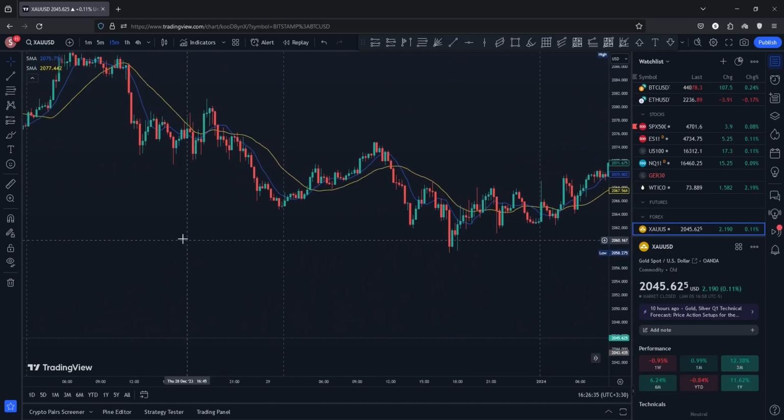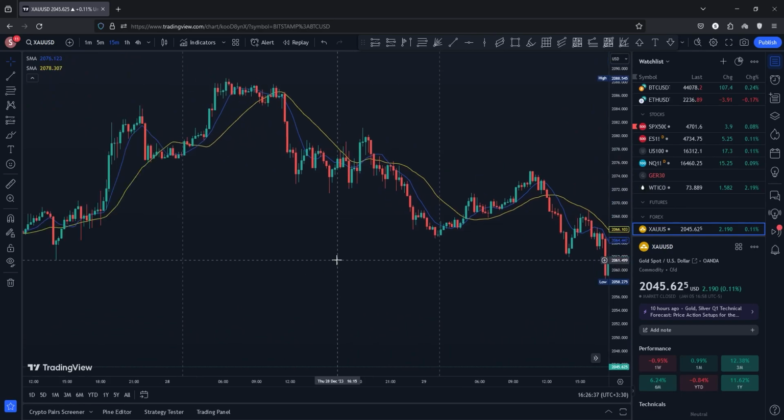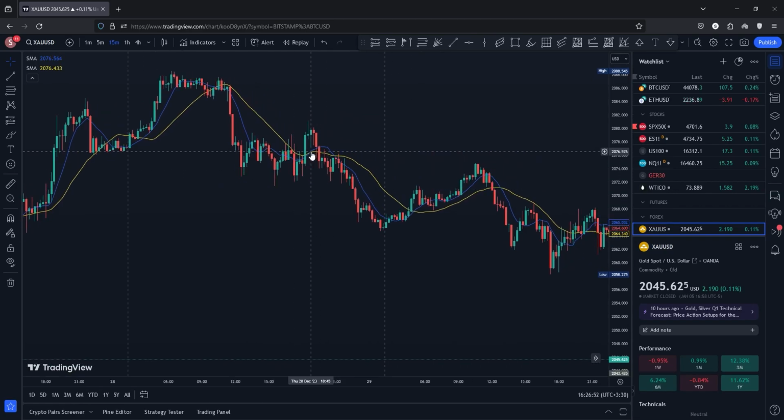Let's see if we can find any other failed trade. Well, here is one. It's a failure. In that day you have two entries, one here and one here.